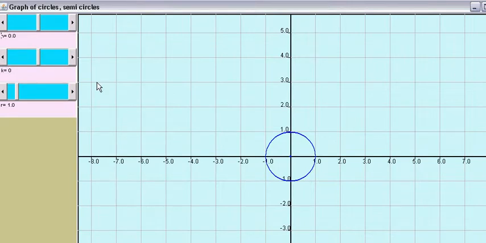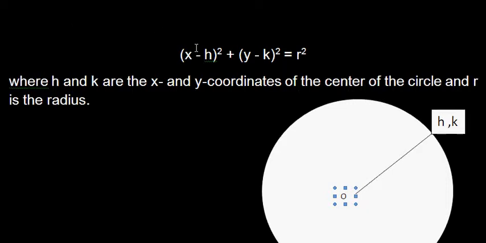If I increase h, you can see this thing is moving to the right, and if I increase k, this thing moves up. This would not be intuitive to you, because you are seeing over here that if I increase h, this value should decrease, so this should move to the left, and similarly for k, if it increases, then this should move down. But why is it moving up, and why is everything happening opposite?